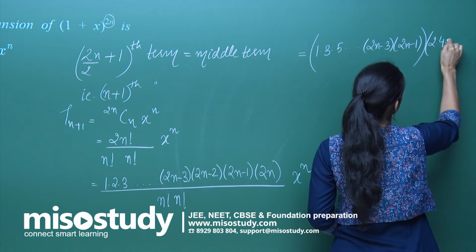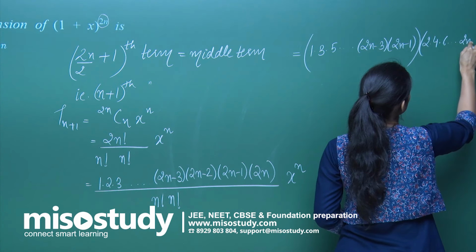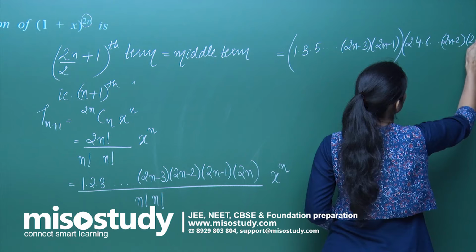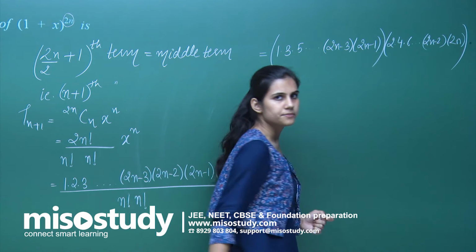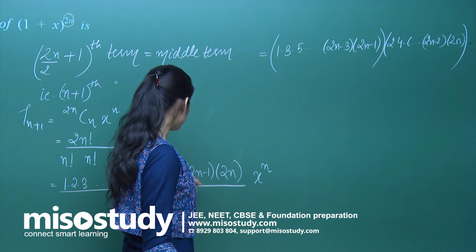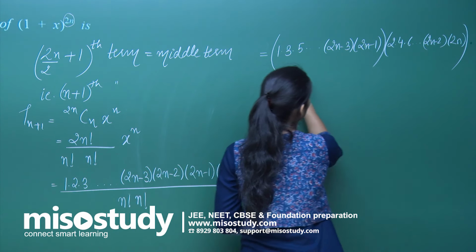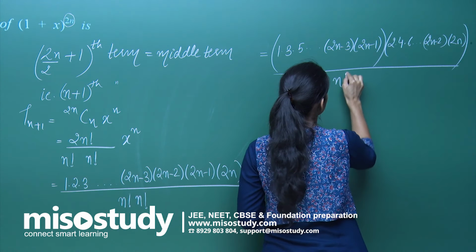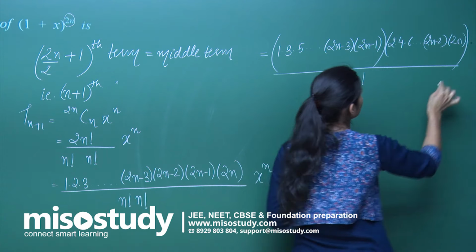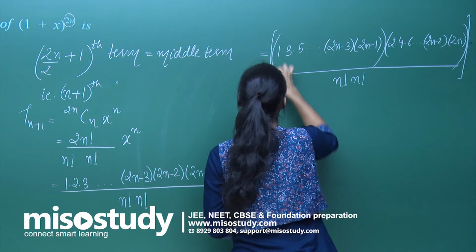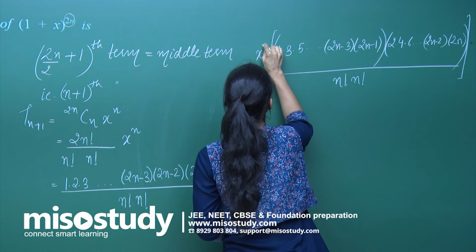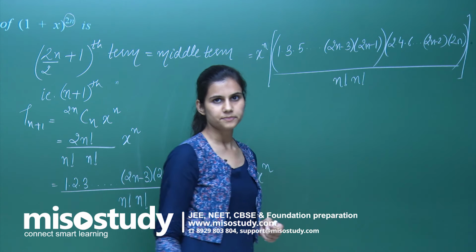So 2 into 4 into 6 and so on, 2n minus 2, 2n, right? 2n minus 2, 2n whole upon n factorial into n factorial, and this multiplied by x to the power n.